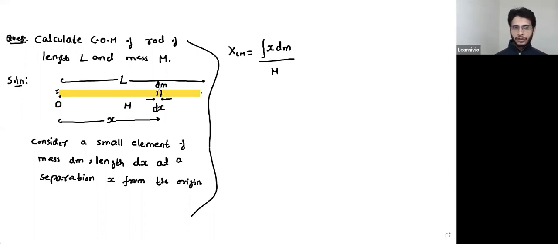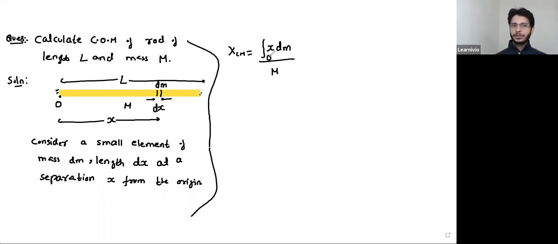I cannot choose this dm beyond the rod because dm has to be a small portion of the rod. It has to be within the length of the rod.